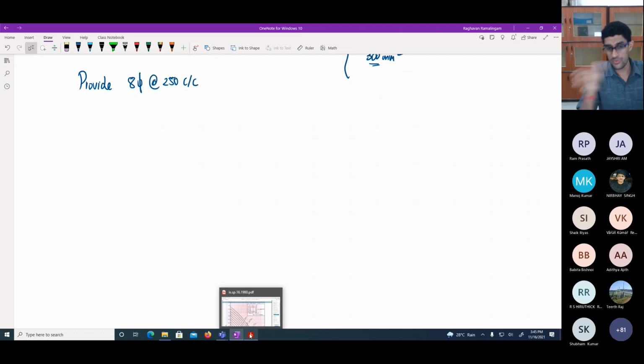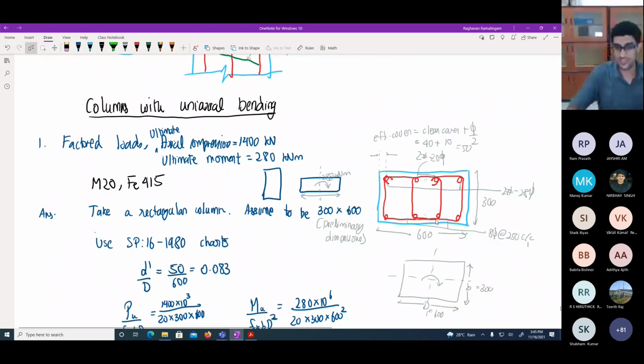If you have moment along one direction, then it is better to give your reinforcement, for example, here, since my moment is this way, I want to give sufficient reinforcement along this depth. Okay, so you're allowed to do that.